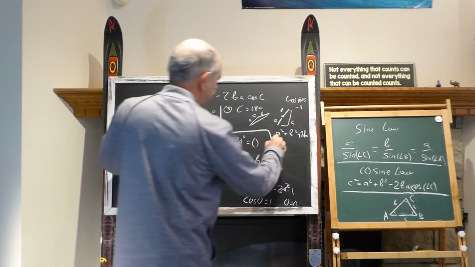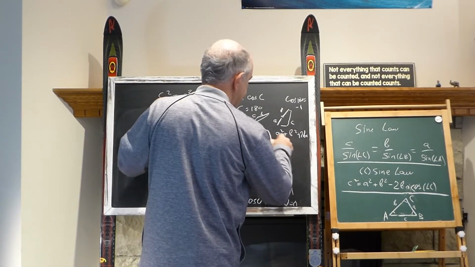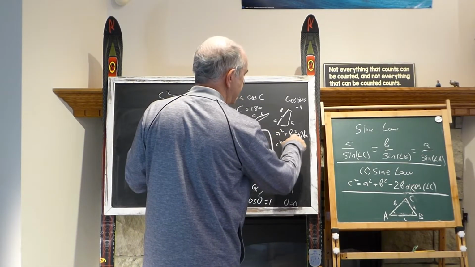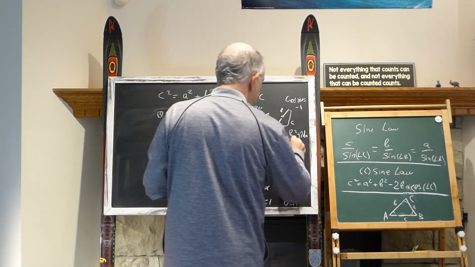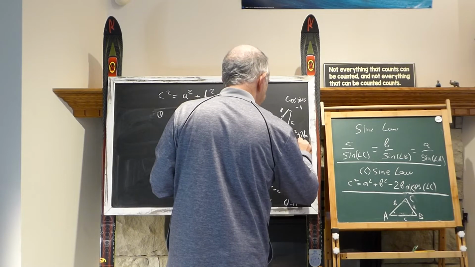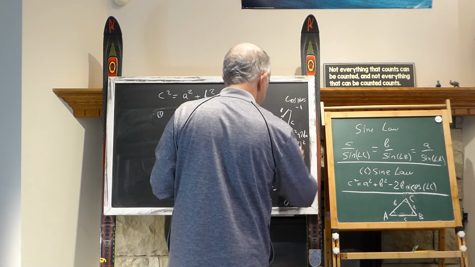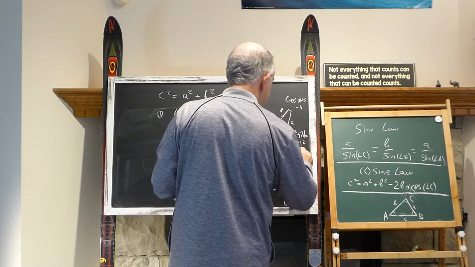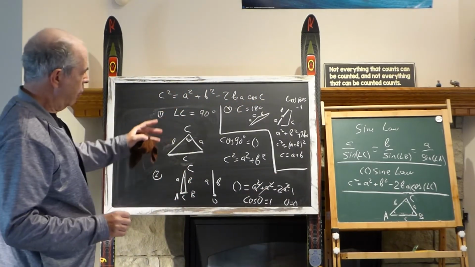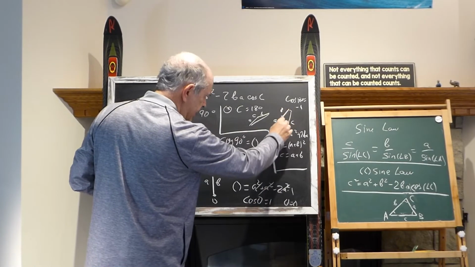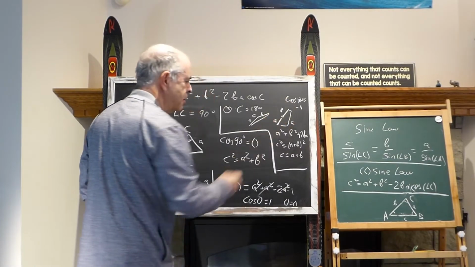So this formula will become C squared equals A squared plus B squared plus 2BA. So it would be A plus B squared. And that means that C equals A plus B. And it makes total sense, because in this situation, C is exactly A plus B.